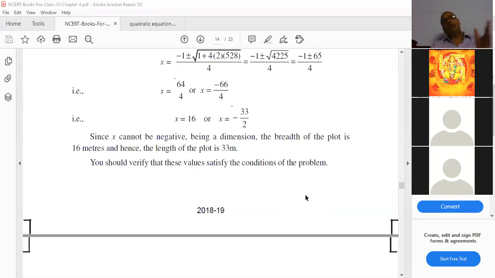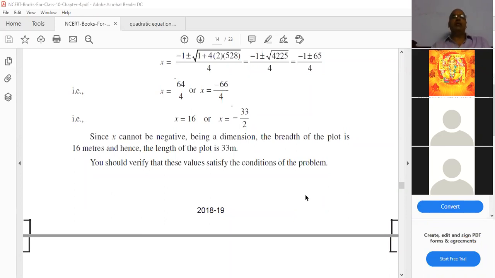And the quadratic formula once again: if ax square plus bx plus c equal to 0, where a is not equal to 0, the quadratic formula is x equal to minus b plus or minus root b square minus 4ac by 2a. Under the root, you can't get negative. That you have to remember.